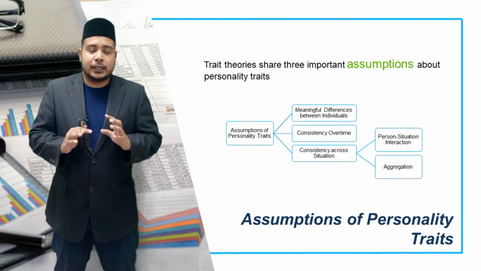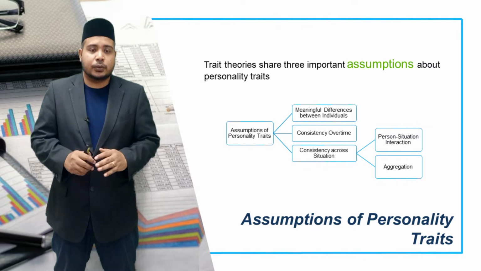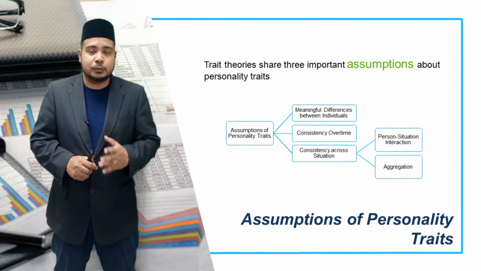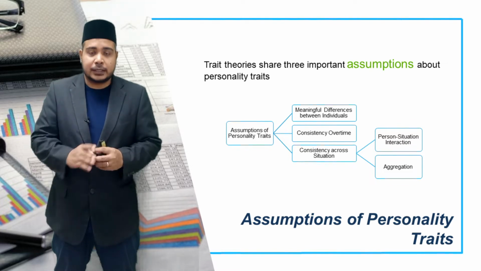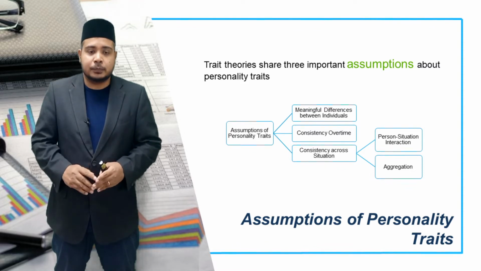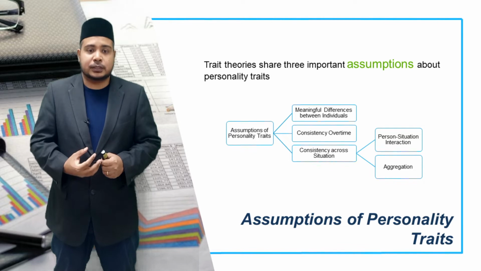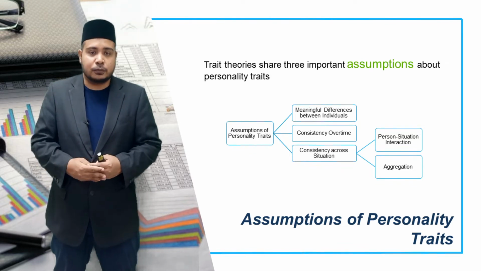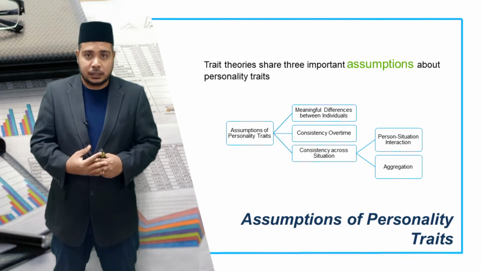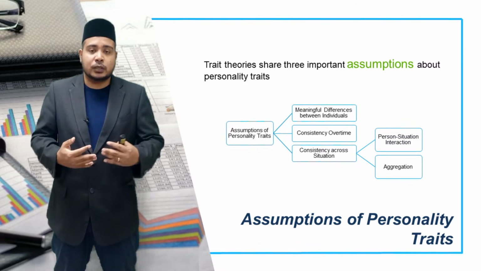First, what we need to understand is personality traits. Under this perspective, under this theory, the theory shares three important assumptions. Personality psychologists assume that when we want to understand personality from a personality trait perspective, there are meaningful differences between individuals, between me and you, between you and your friends, between you and your siblings.